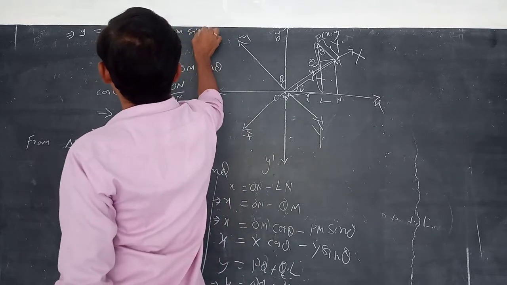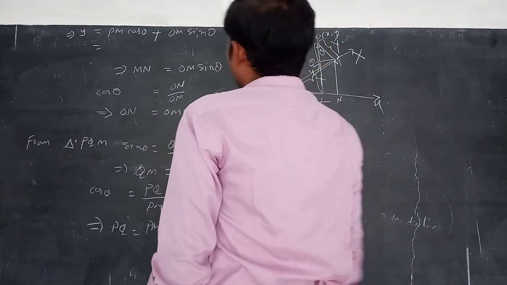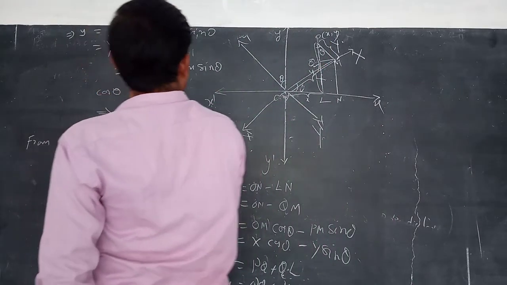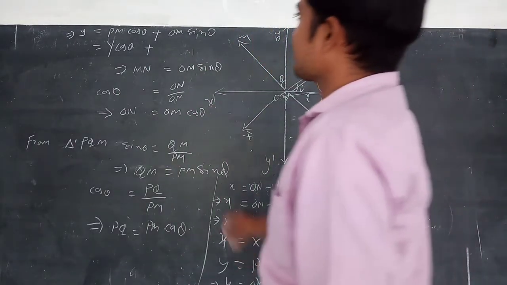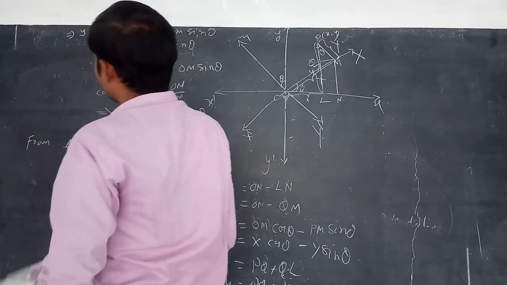PM is capital Y and OM is capital X. So y equals capital Y cos theta plus capital X sin theta. Hence proved.